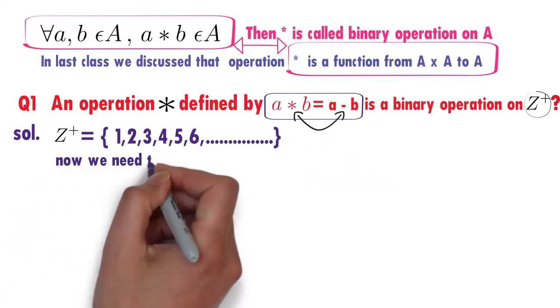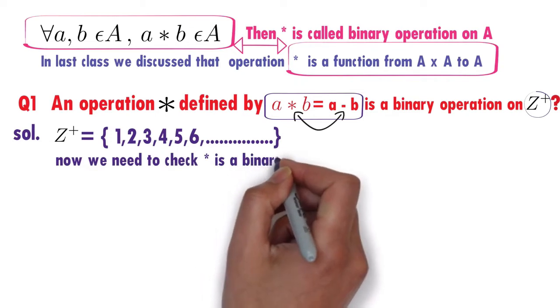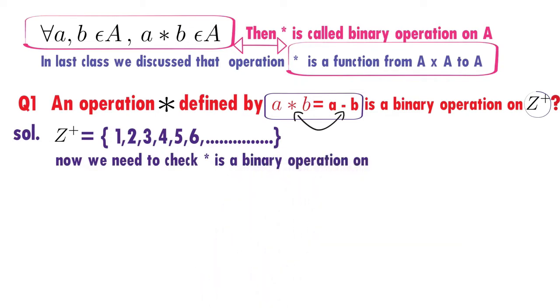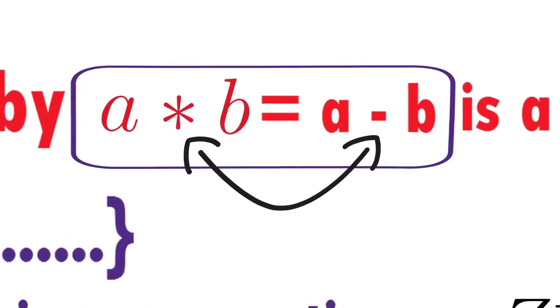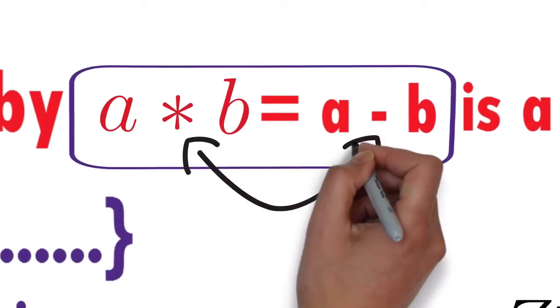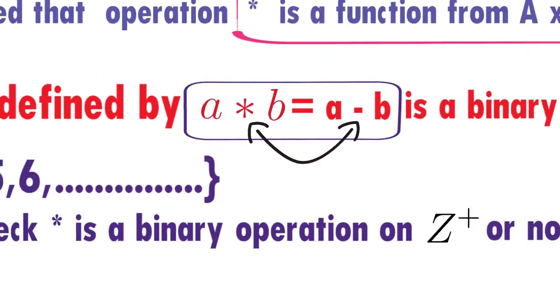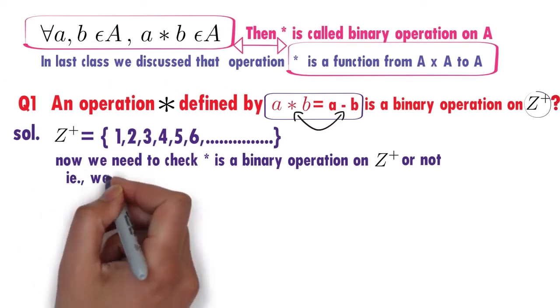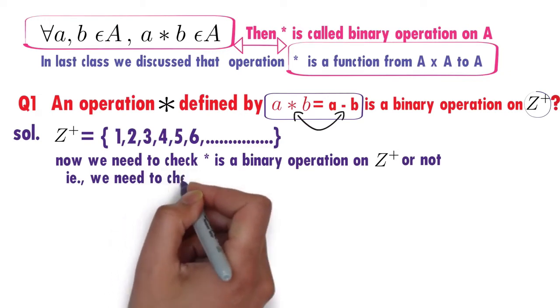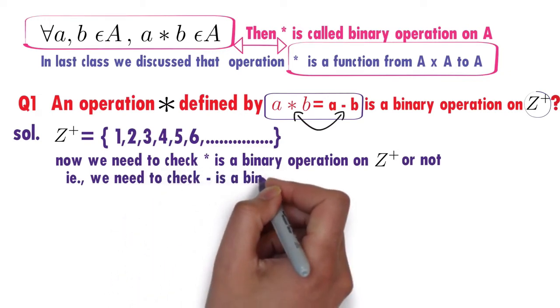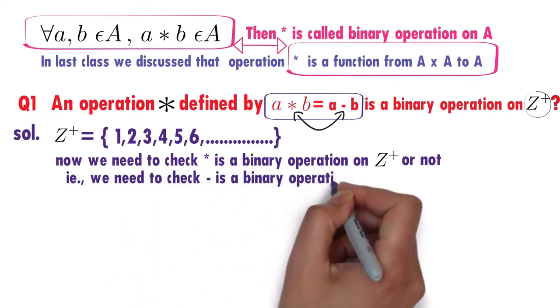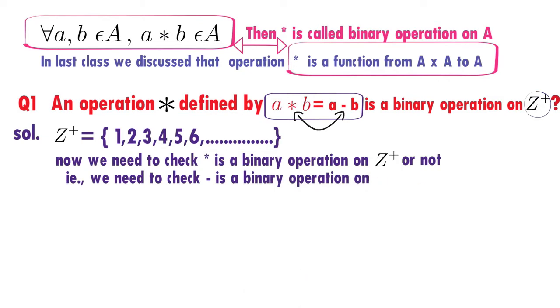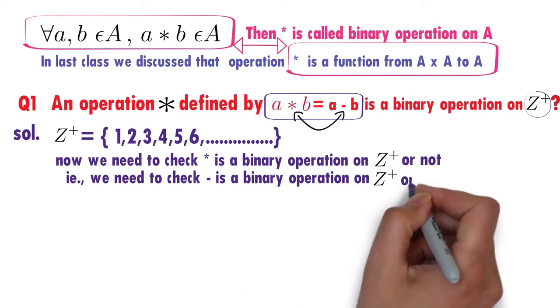Now we need to check star is a binary operation on Z plus or not. What is star? Star is a subtraction. That is, we need to check subtraction is a binary operation on Z plus or not.